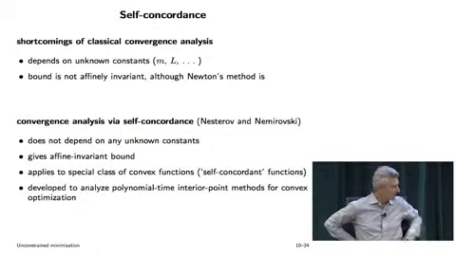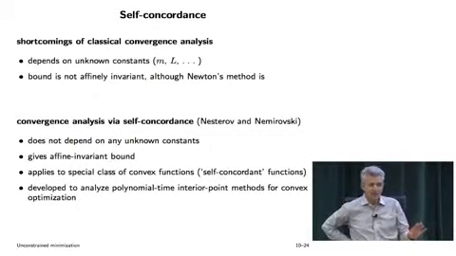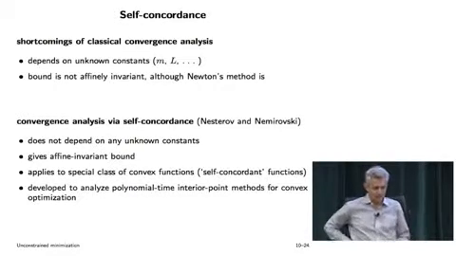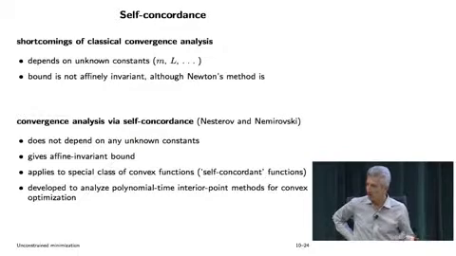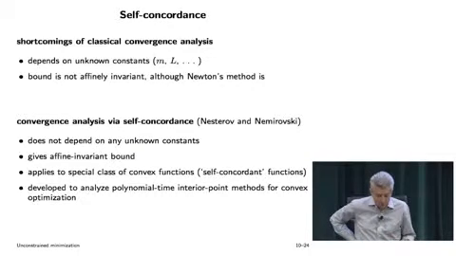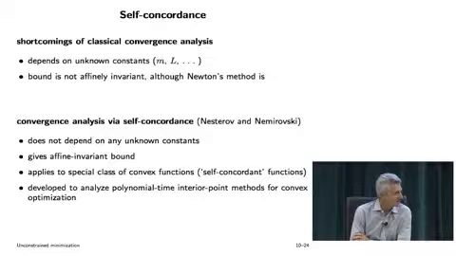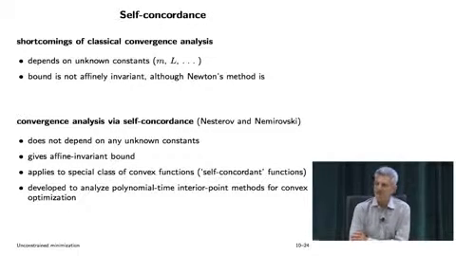If you just saw the answer by yourself, you'd say, oh my God, who would ever think of such a thing? I mean, the answer being Nesterov and Nemirovsky, but the question is this. How can you express the third derivative being small in a way that is affinely invariant? So that's what it comes down to. Because if you can do that, you can analyze Newton's method now in a way that is affine invariant.